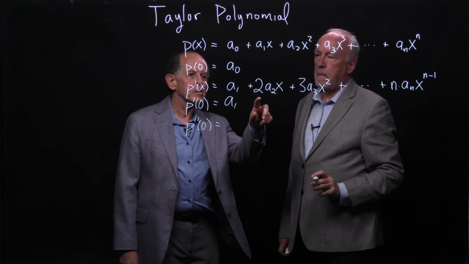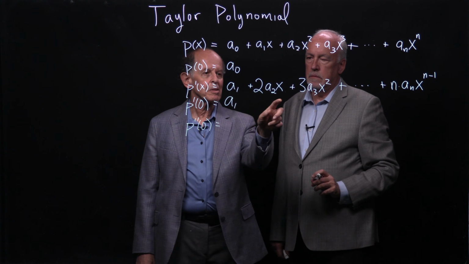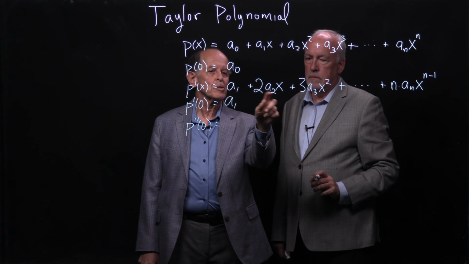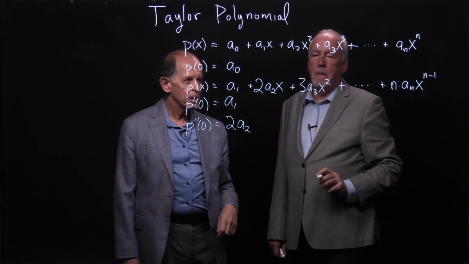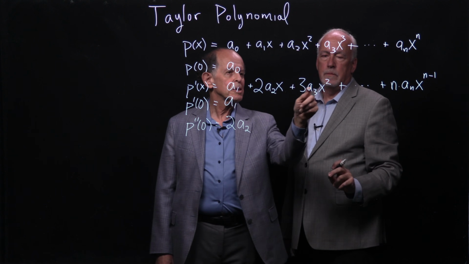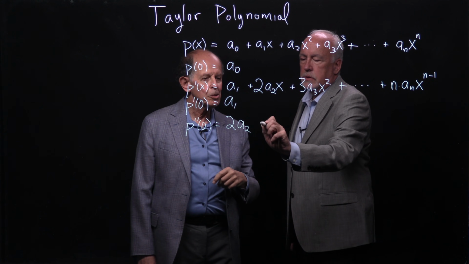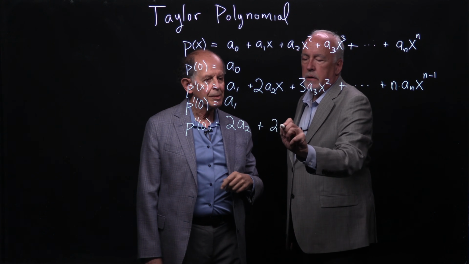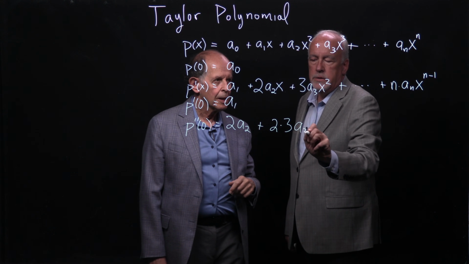All right, so we now differentiate this. So the constant goes to 0, and P double prime is 2a2 plus, 2 comes down, 2 times 3 is 6. I'm going to write it down as 2 times 3, because there's a pattern happening here. And a3, and there's an x still, right?